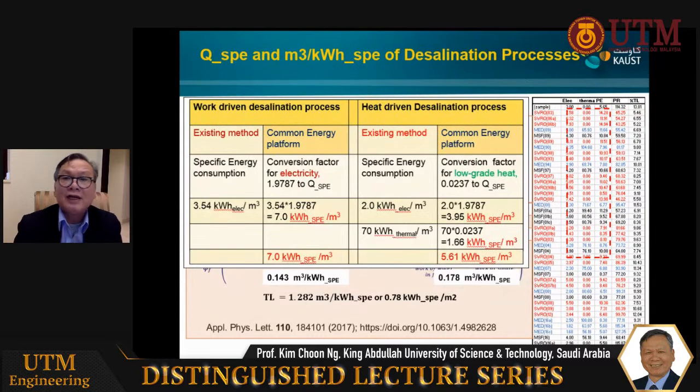So we went back to the literature, looking at all the specific energy consumptions of the performance of all the desalination plants from 1983 to the recent years, 2017, about 60 plants.